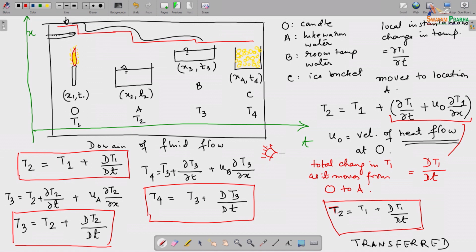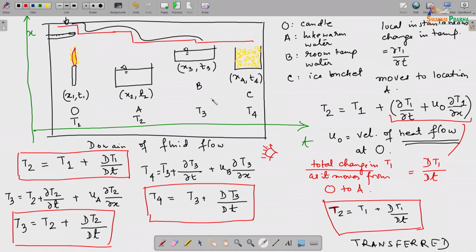So, this is my location, and this is essentially my Eulerian approach, where I look at the total change. Eulerian approach in the sense that I am looking at the total change in the temperature, as I am moving within the domain.